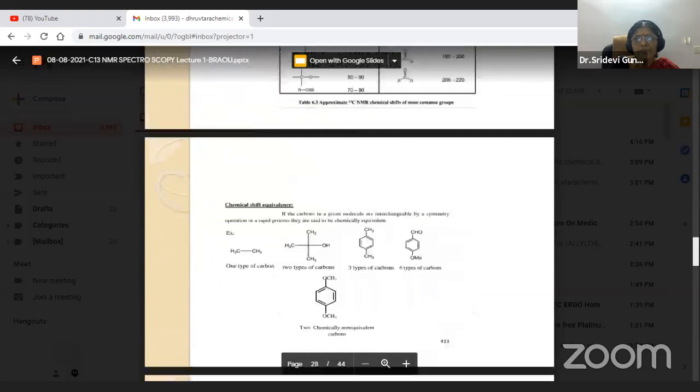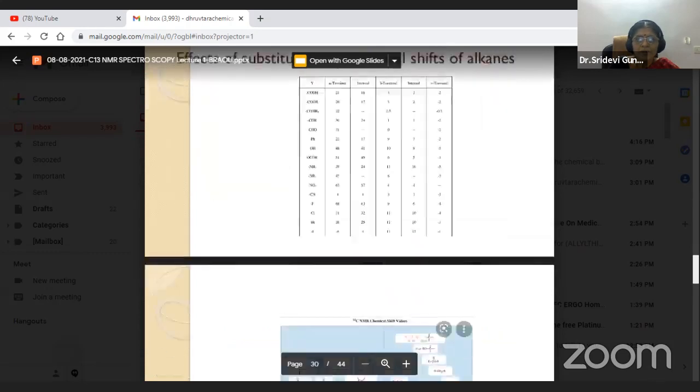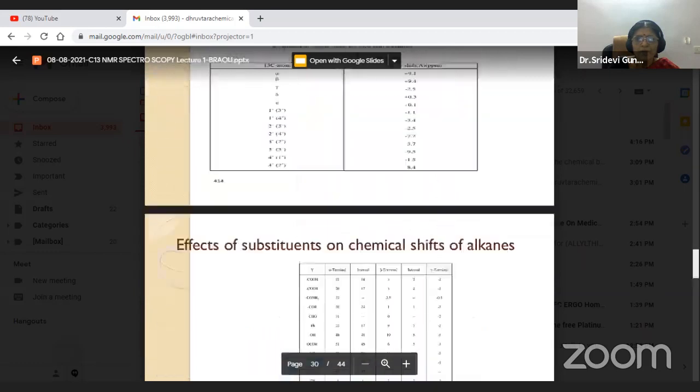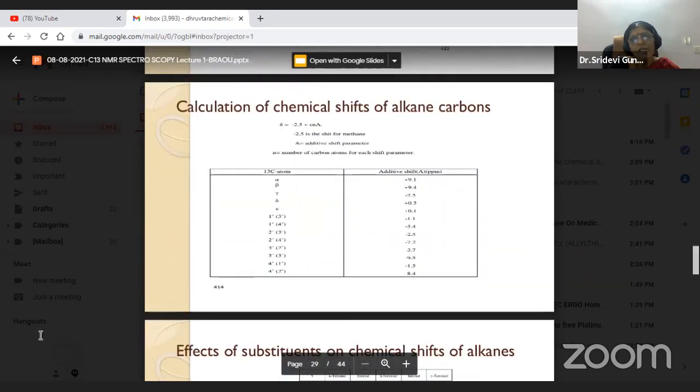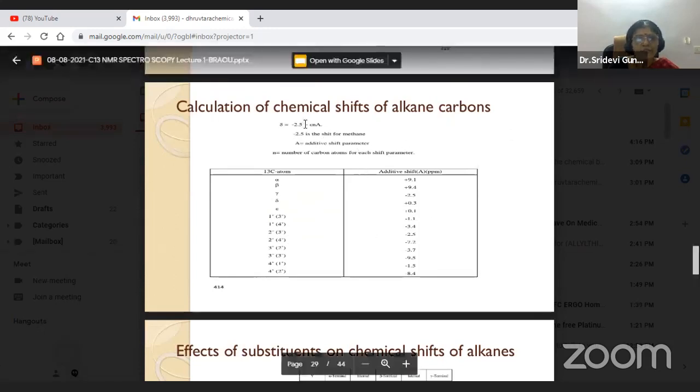And the chemical shift is the shift in the absorption position of the nucleus, that is here carbon, from the reference nucleus, TMS. So TMS is the reference here. You can calculate the chemical shifts of alkanes by making use of these equations.